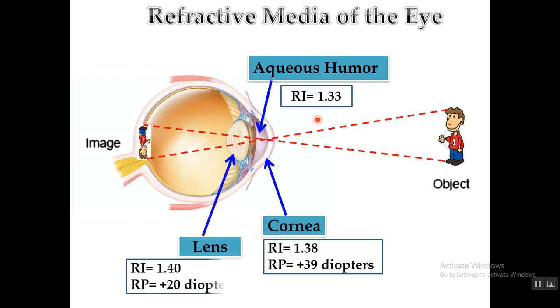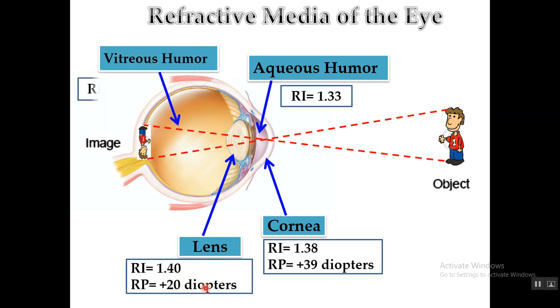The crystalline lens has a refractive index of 1.4 with a power of plus 20 diopters, and the vitreous body has a refractive index of 1.34. So we have the cornea, then aqueous humor, then the lens, and finally the vitreous humor.